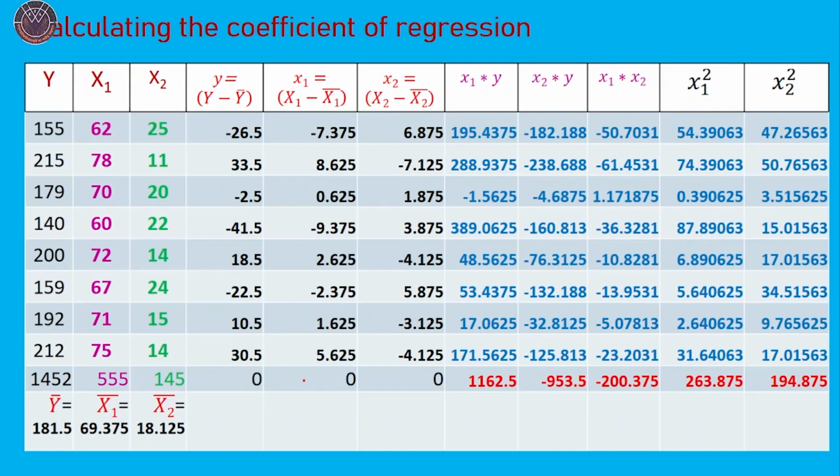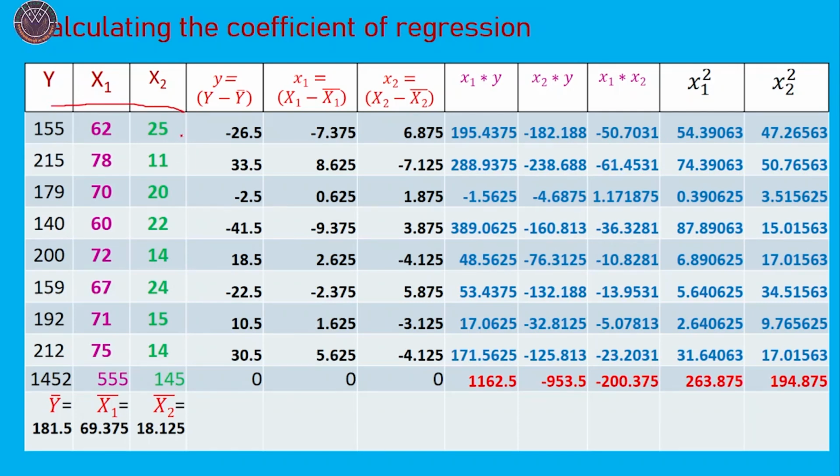Okay, so first we have to calculate the coefficients of regression. That is, we have to get the values of beta 0, beta 1 and beta 2. So let us see how we can do that. These are the values from the question, y, x1 and x2.